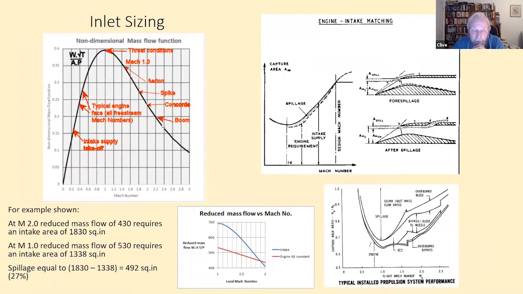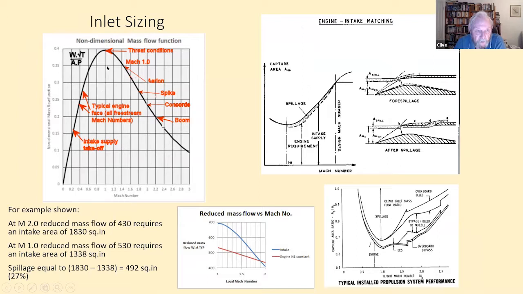Once you've got all that, you still have to match the intake size to the engine size. Now, most people work with this curve the other way around. This is a function, W root T upon P, the non-dimensional mass function. It's the mass flow that you can pass through a given area, basically, as a function of local Mach number.